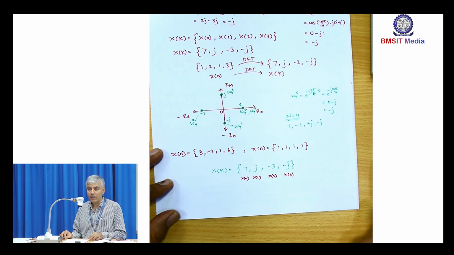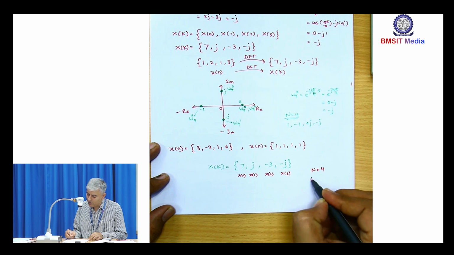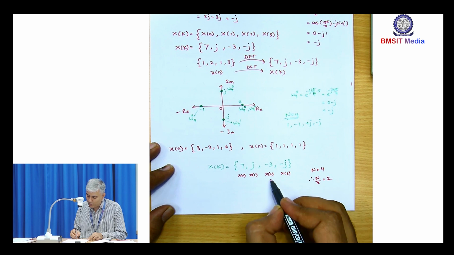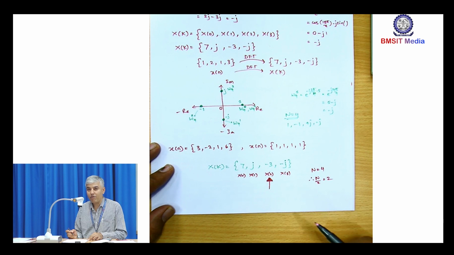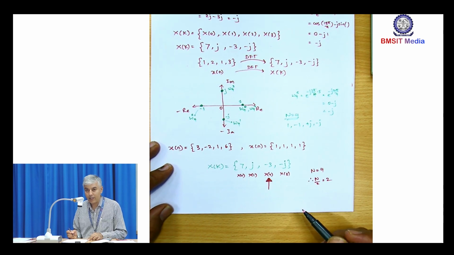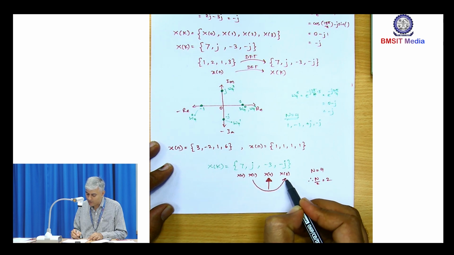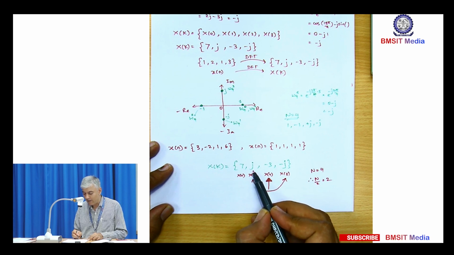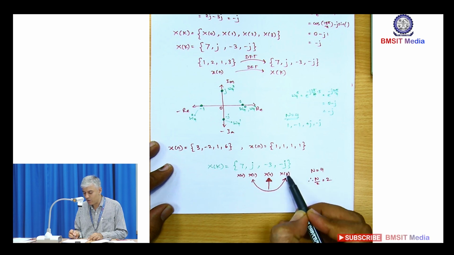You look at the n. What was n? N was equal to 4. Therefore, what is n by 2? That happens to be half point. So x of 2 is this value, correct? So this is the midpoint of the x of k. The values over here will be complex conjugate. By chance, in the previous signal the value is j, and the other value over here is just the complex conjugate of that value, so it is minus j.